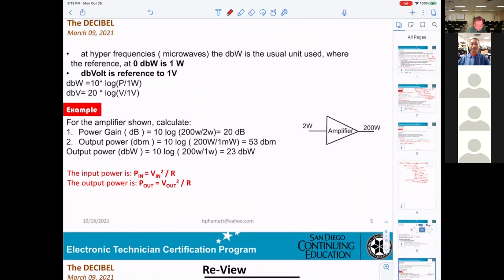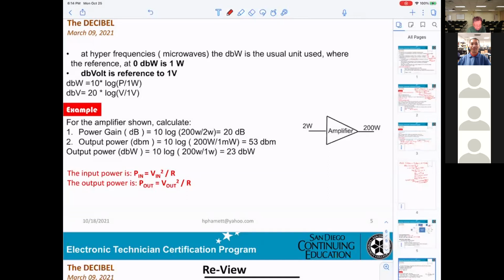Okay, let's see. At higher frequency in microwave, dB watt is the usual unit, where the reference 0 dB watt is 1 watt. This one we already covered. Okay, dB volt is referenced to 1 volt. For example, for an amplifier, calculate the power gain. You get 2 watt in, 200 watt output, and they want it in dB. So you take 10 log of 200 watt divided by 2 watt to get 20 dB.